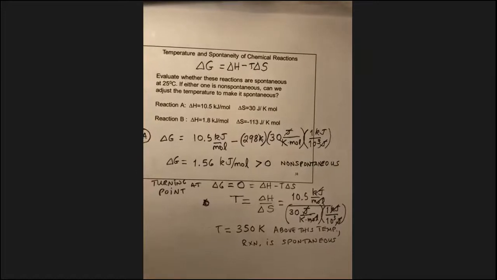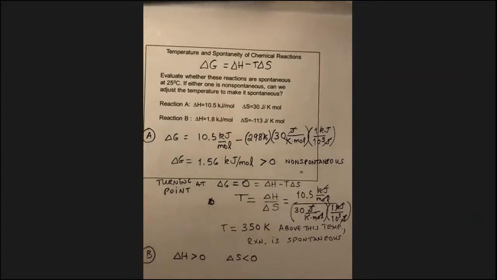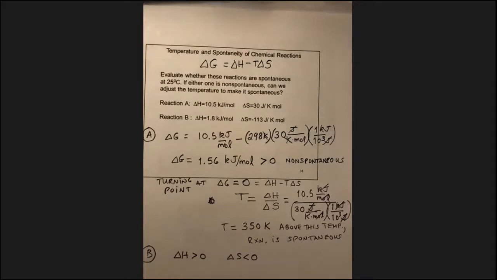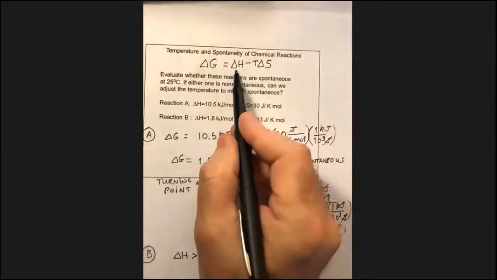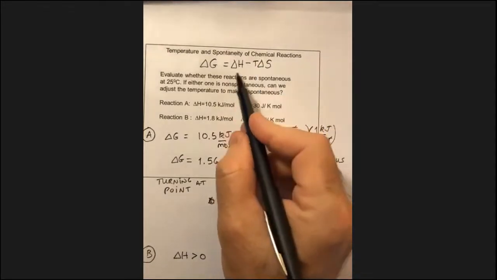Okay, let's look at the second one now. Let's look at reaction B. You know, let's do chemistry before we do math. Notice the following. Delta H is positive. Delta S is negative. We just went through this scenario, right? So there's no need for us to calculate this. We know that with a positive delta H and a negative delta S, this is always going to be positive.